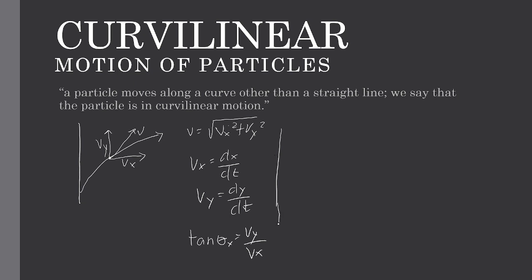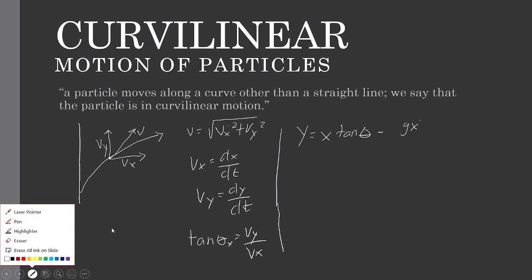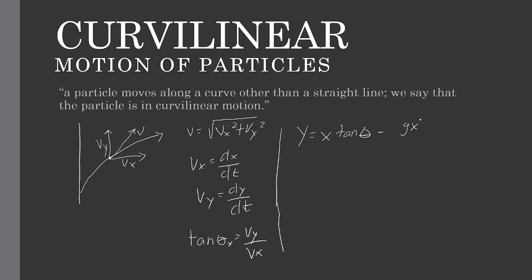Here are some other formulas that we could use to solve particles that are in curvilinear motion. In the vertical plane, you can solve y is equal to x tan theta minus gx squared over 2v squared cosine squared theta.